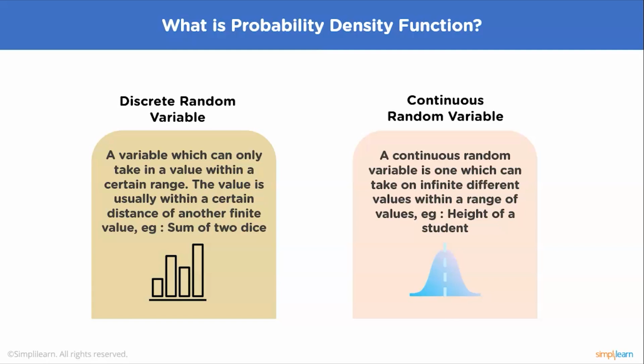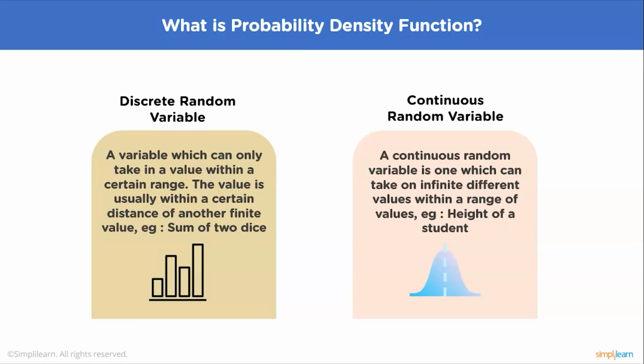For example, the height of a student. The height of a student is not fixed. Even if the height is 1.7 meters, in reality, the height can be 1.77 or 1.765 or 1.789. The exact height is very hard to determine because it's not easy for us to find the precise value of the height of a student.